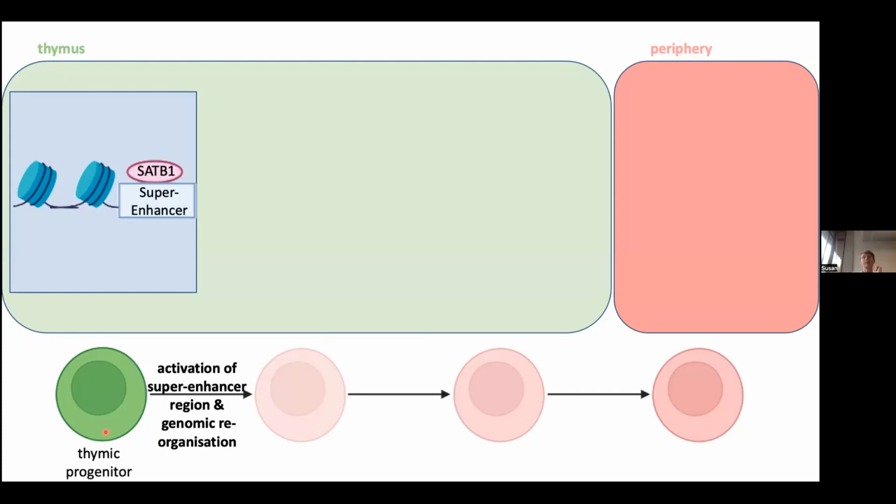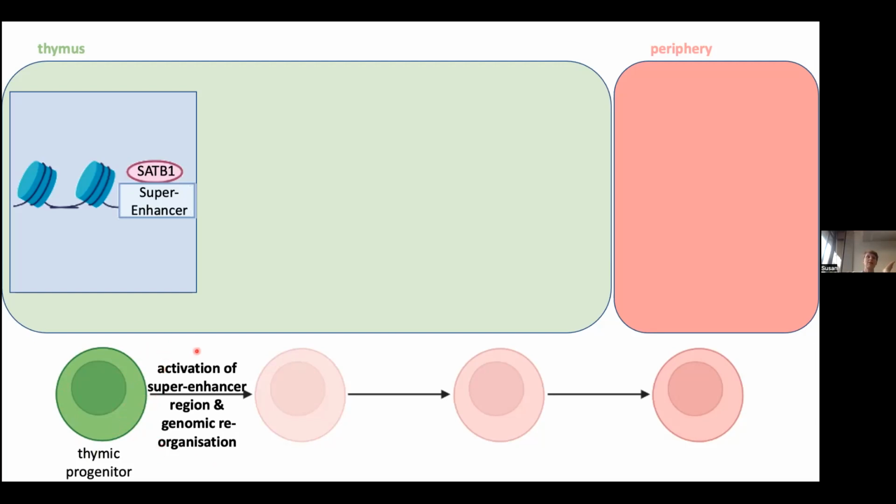And all this, if looking at thymic Treg, where we assume that most of the Treg are thymus derived, starts in the thymic progenitor that can actually still give rise to conventional T cells or conventional CD4s and Treg.